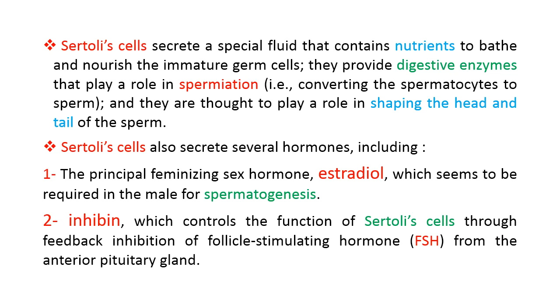The second is inhibin, which controls the function of Sertoli cells through feedback inhibition of follicle stimulating hormone from the anterior pituitary gland. So, as you can see, Sertoli cells are important in the generation of spermatozoa, in their nutrition, and in their shaping. They also play an important role in the production of estradiol and inhibin.